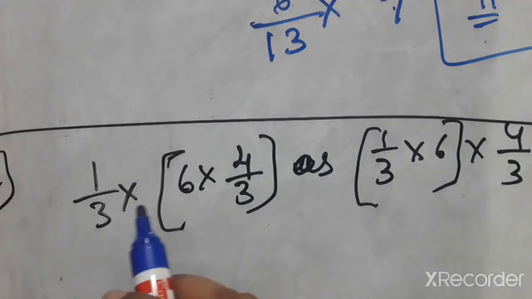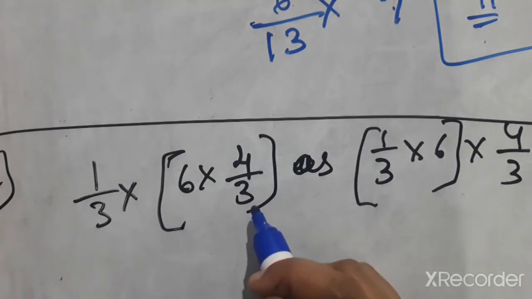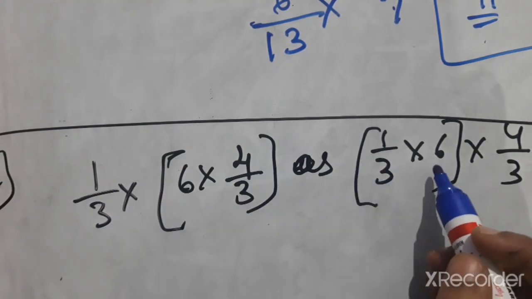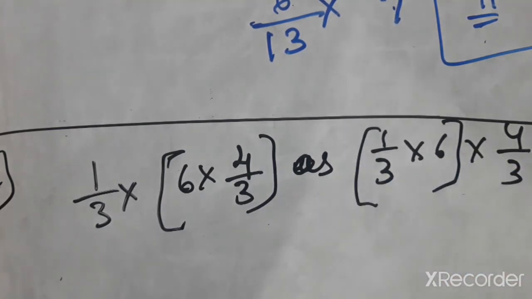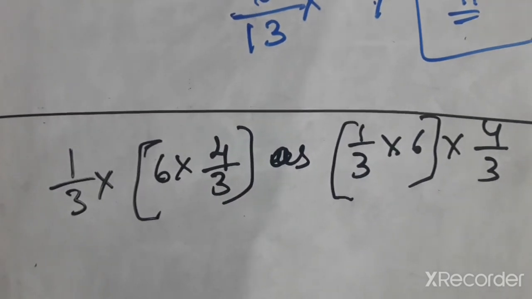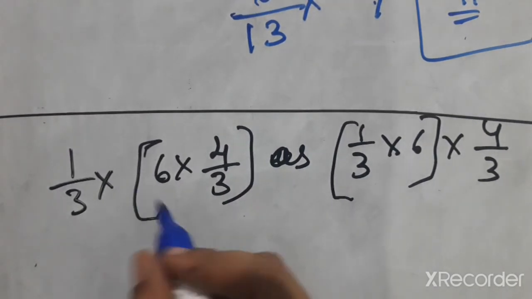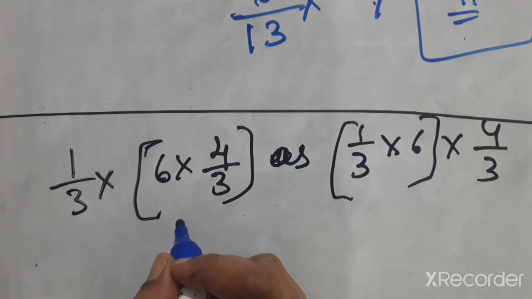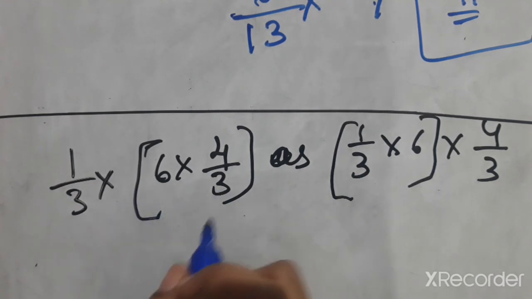Now the next question, the 7th one. Tell what property allows you to compute 1 by 3 into 6 into 4 by 3 as 1 by 3 into 6 into 4 by 3, with different brackets. Which property is this? If you listened to the introduction part of this chapter, you know which property.